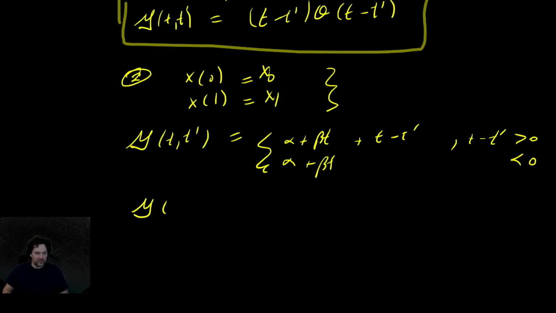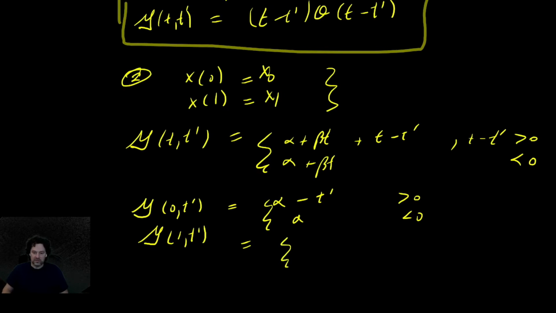G of 0, t prime is alpha minus t prime and alpha for greater and less than 0, and g of 1, t prime is alpha plus beta plus 1 minus t prime and alpha plus beta.